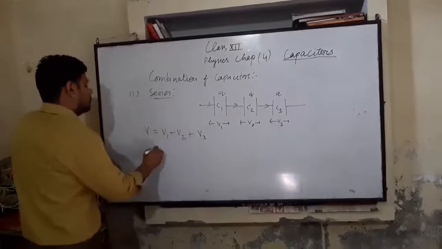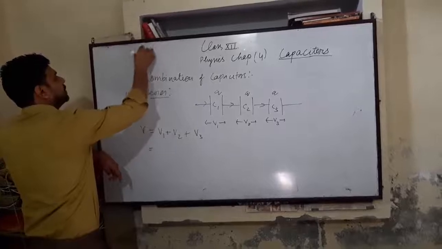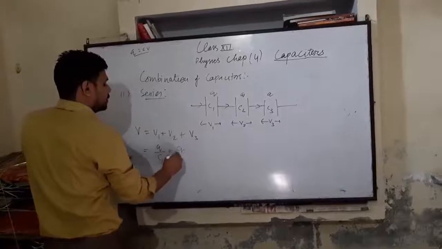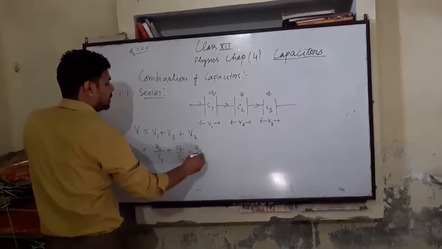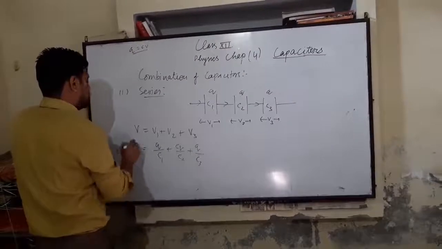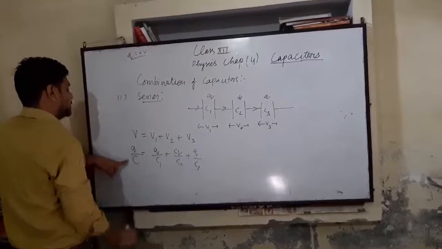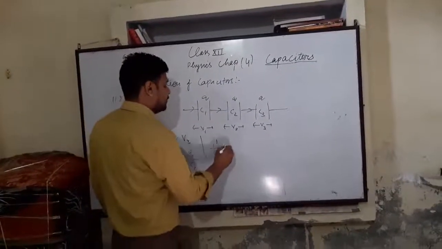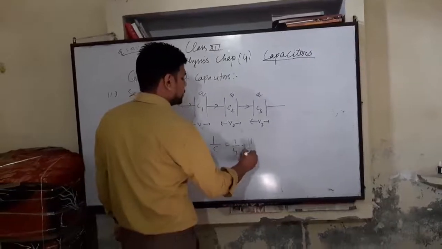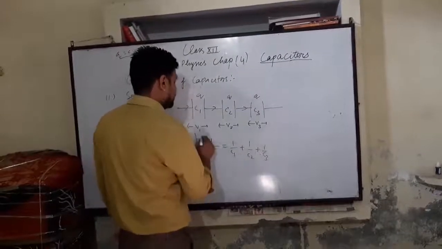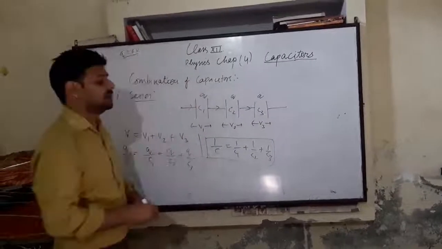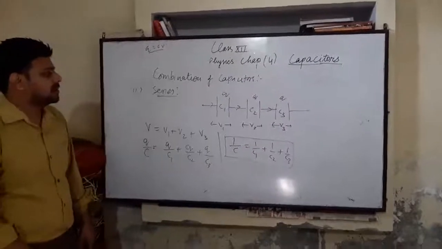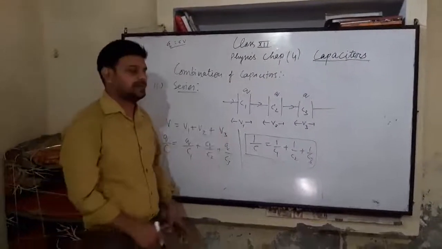As we know, Q is equal to CV, then V is equal to Q over C. Q over C1, Q over C2, Q over C3, and this is Q over C, where C is the equivalent capacitance. Cancel Q, then we get 1 over C is equal to 1 over C1 plus 1 over C2 plus 1 over C3. From this expression, we can calculate the equivalent capacitance of capacitors which are connected in series.